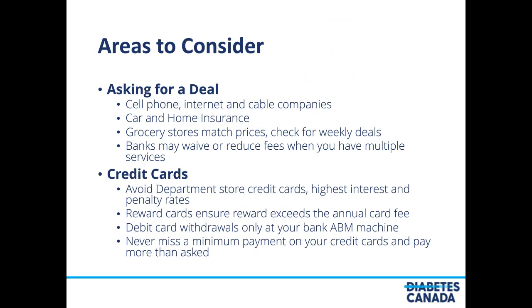So, some areas that you can consider to reduce your cost. First of all, if you have combined services like phone, cell phone, internet service, cable TV services, combining them all under one provider may reduce your overall cost. You should check the provider's webpage or call them every 6 to 9 months to see what new offers they have available to you.